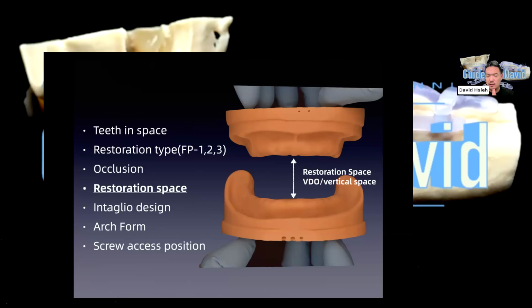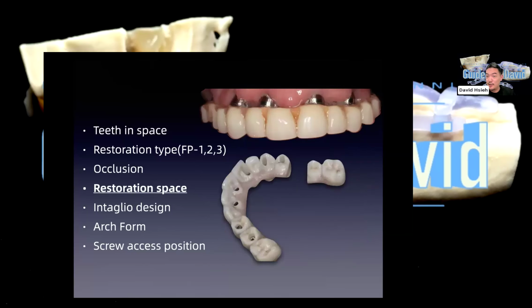Because when we work on full-arch cases, there are so many components that have to fit inside, right? So let's break it down and see the case right here. In the upper picture, when the patient smiles, it shows a gummy smile, right? That means the aesthetics weren't evaluated correctly before proceeding.